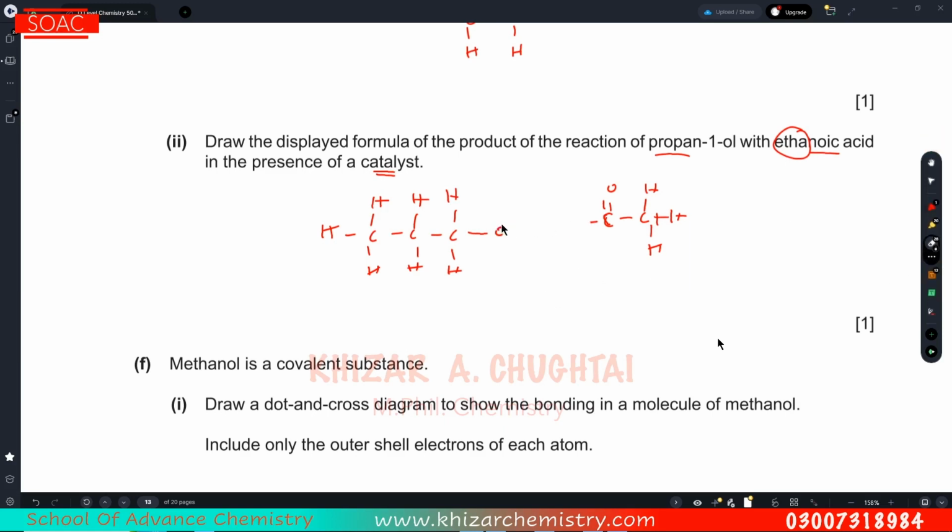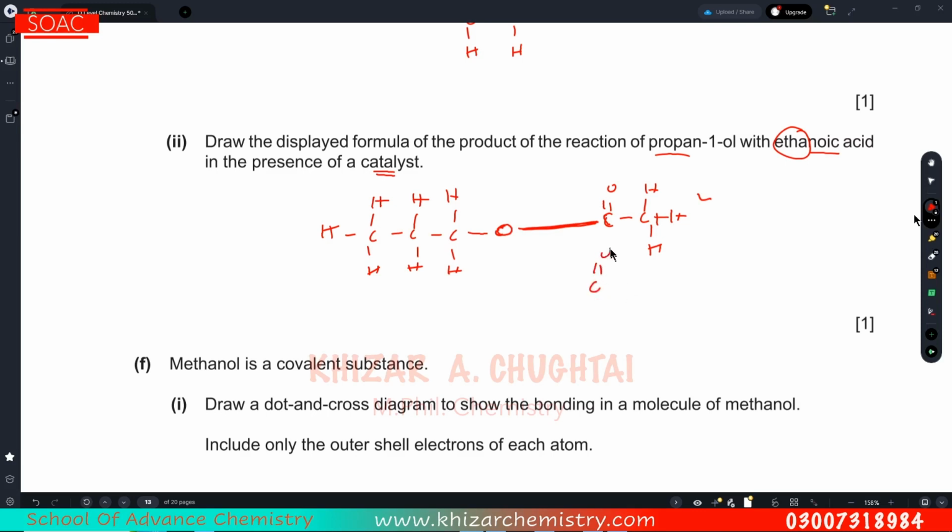I mean oxygen and carbon will be linked together, and thus this is the ester.